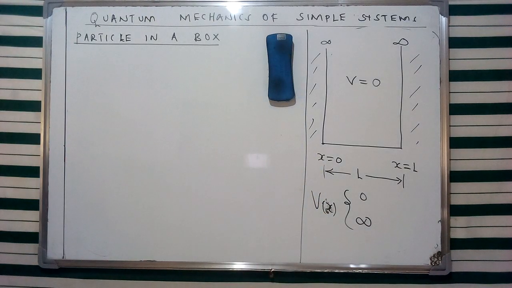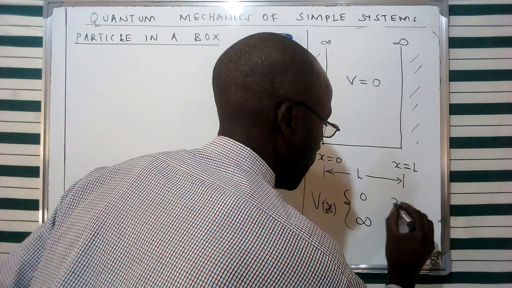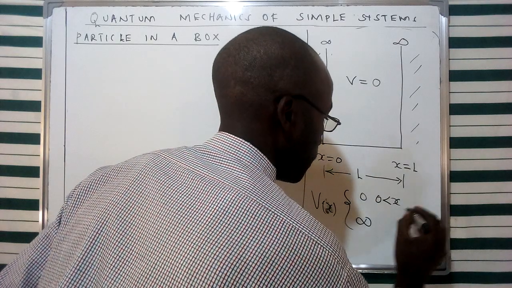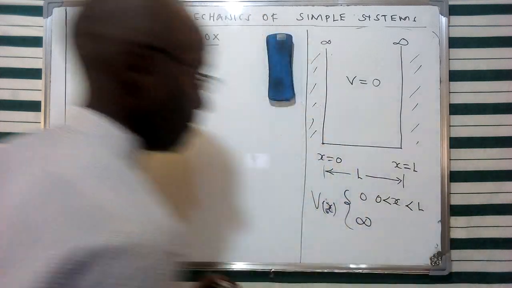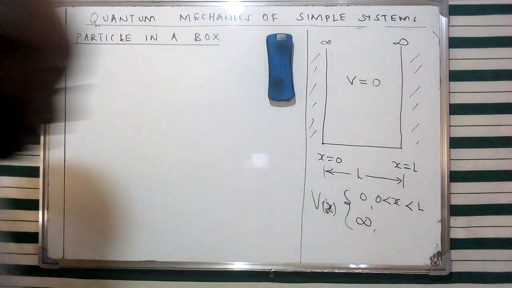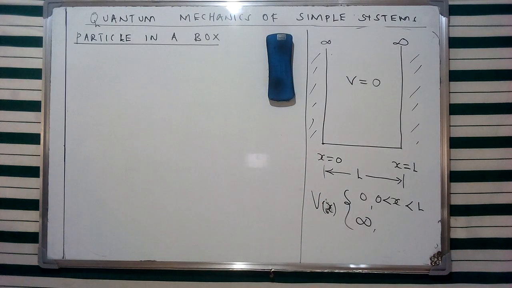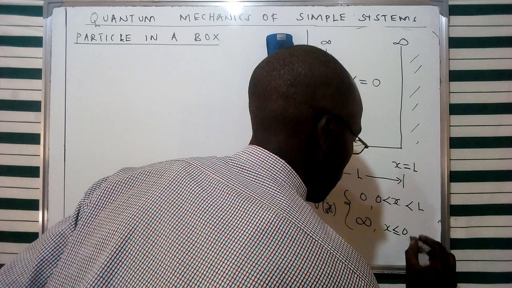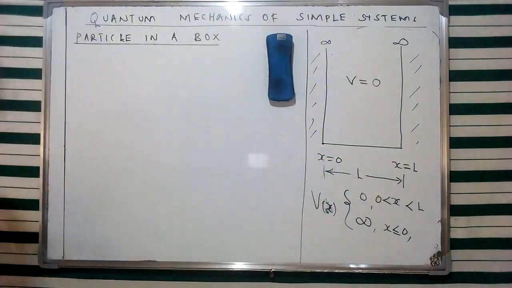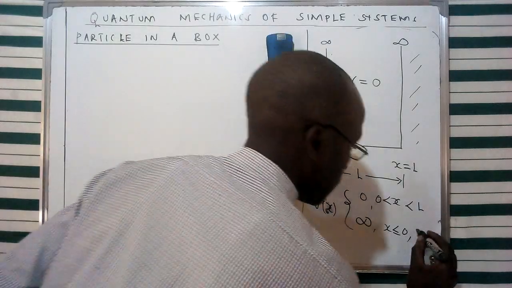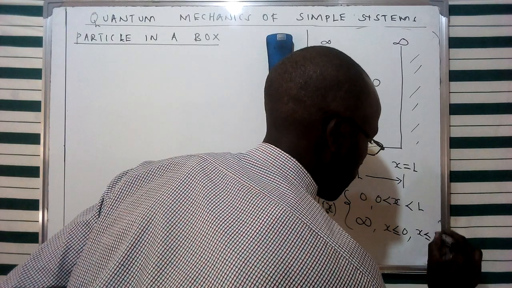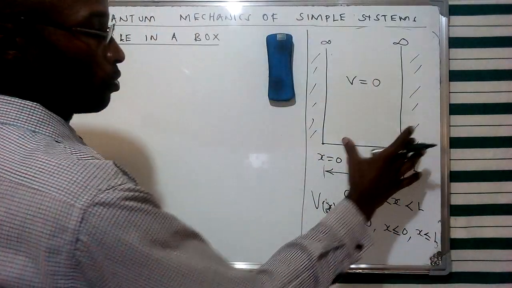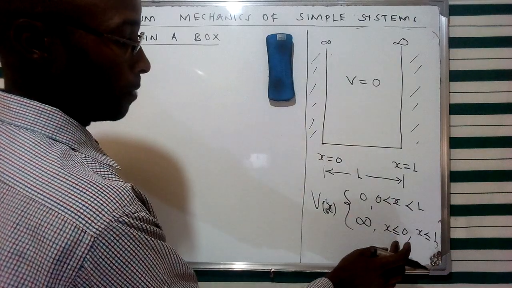And this is going to be given in terms of x greater than 0 but smaller than L in the first case. And for the infinite condition, we're going to have x smaller than or equal to 0, and then x greater than or equal to L, given as such. And this is going to show the restricted area for x.